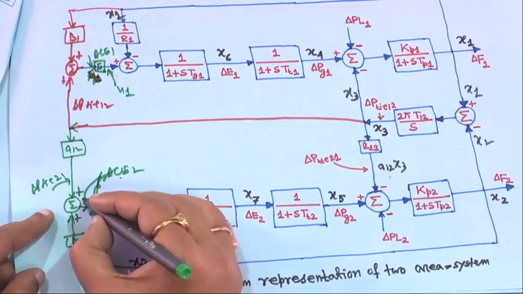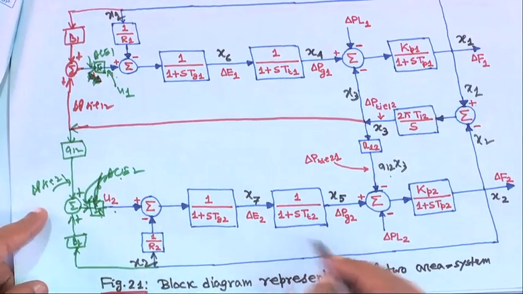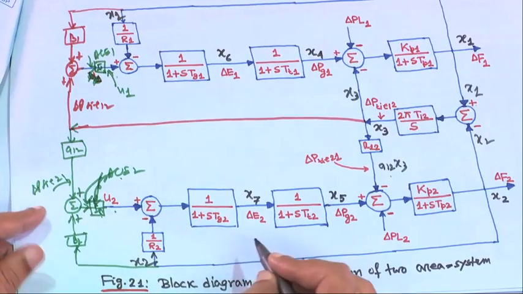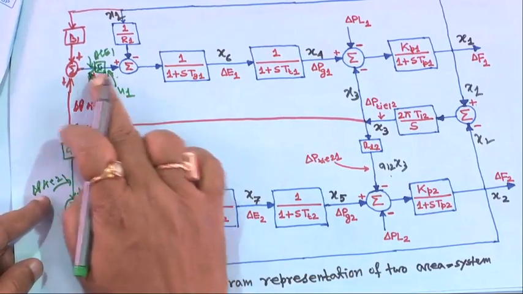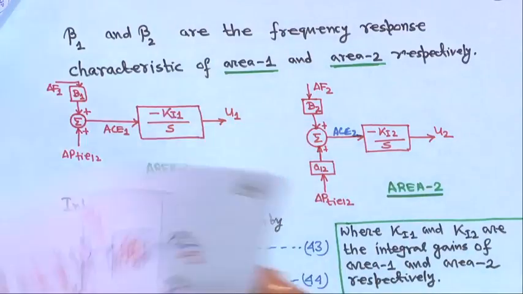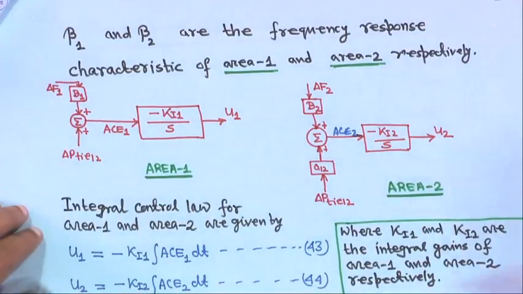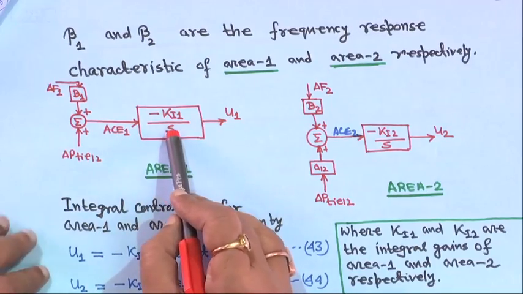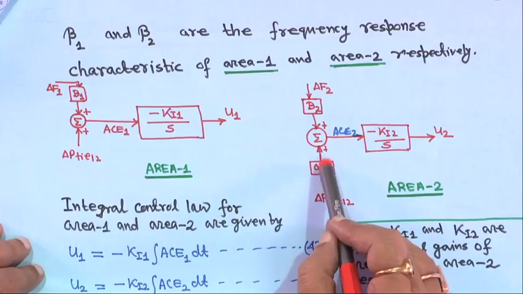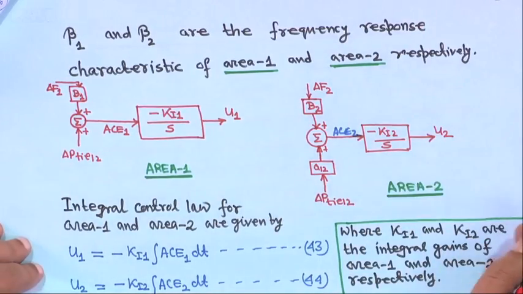So, this is your AC2, and the input to this controller is AC1. So, that is why we have made it that AC1 is going to the integral controller to U1, and this is AC2 going to U2, and this is delta P tie 1 2, which I have shown in that block diagram, right.